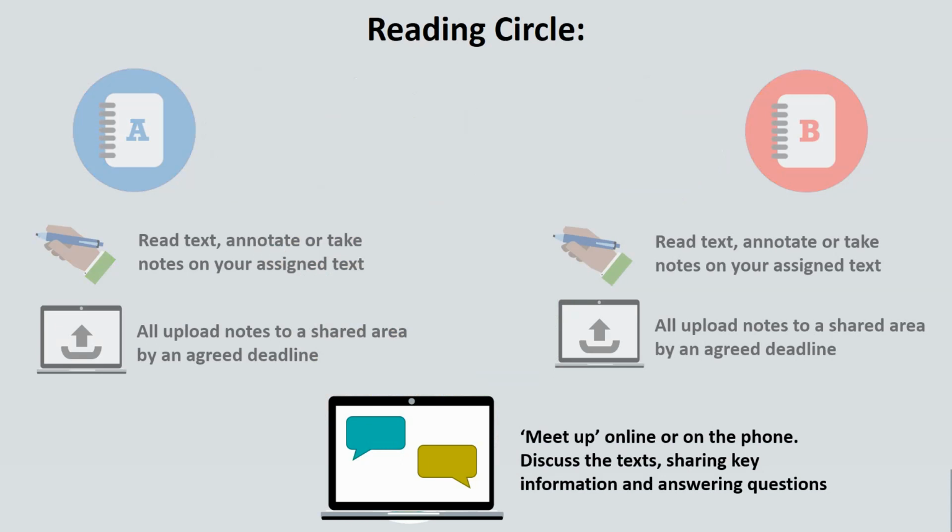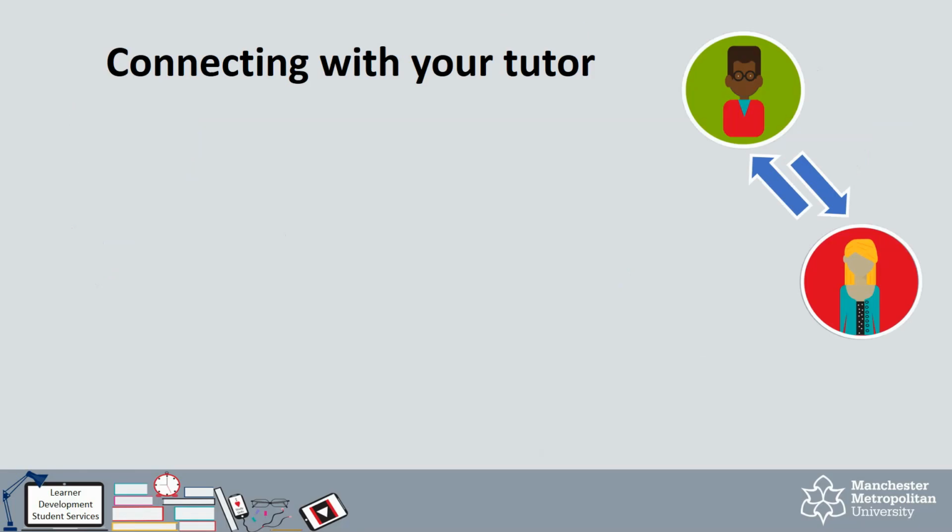The aim of a reading circle is to stimulate discussion and criticality and build on your understanding of a text. The aim is not to copy or steal each other's notes. A reading circle also helps by preventing you being isolated with your texts. Instead, you actively use them to create academic dialogue with your peers.